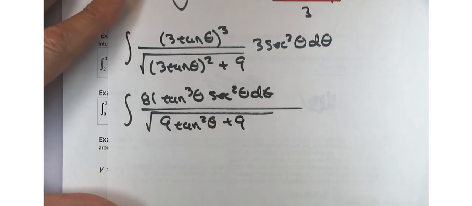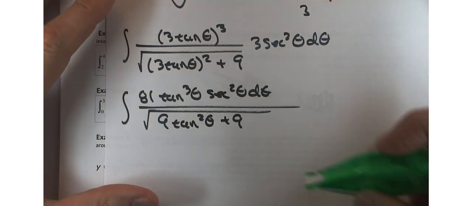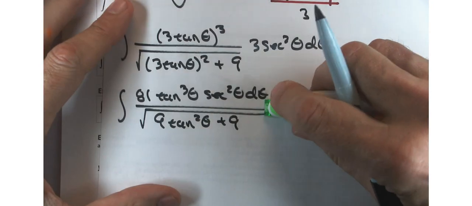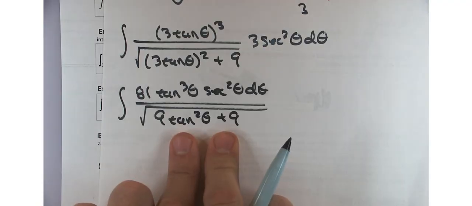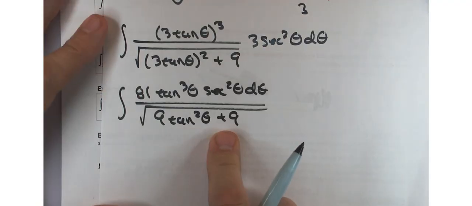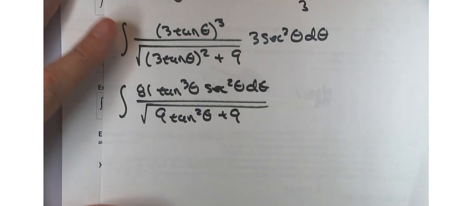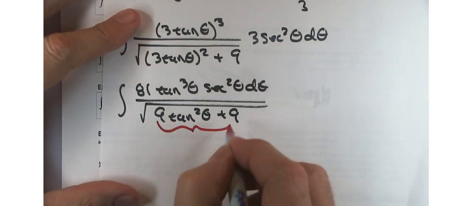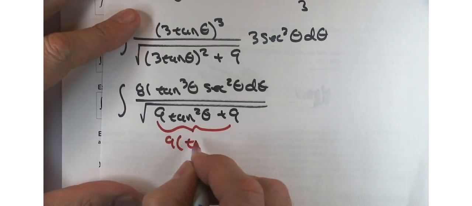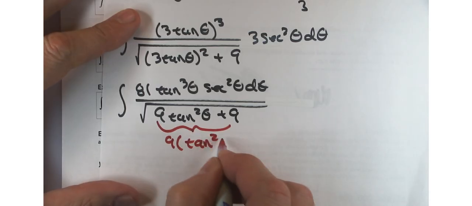And that's looking okay. But here's the nice thing. In the denominator, I can factor out that 9. So this right here factors as 9 times the tangent squared of theta plus 1.